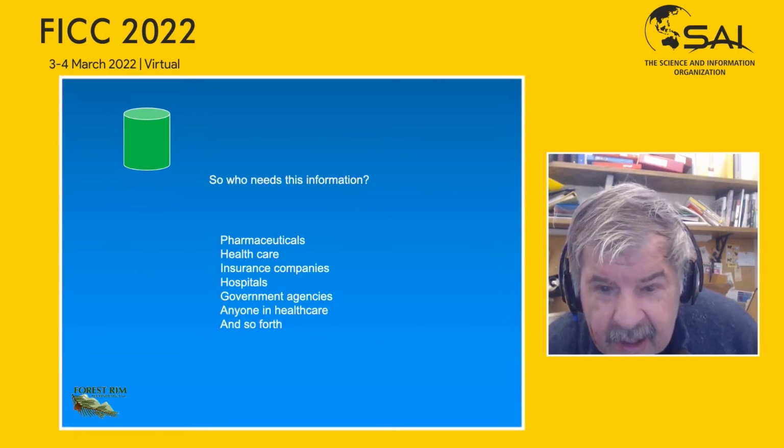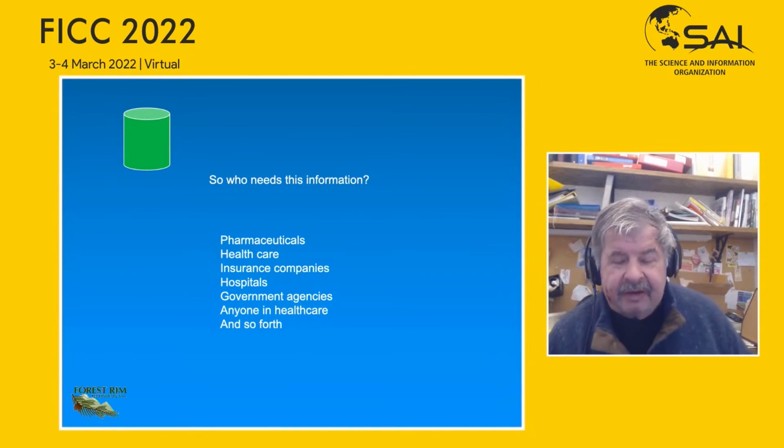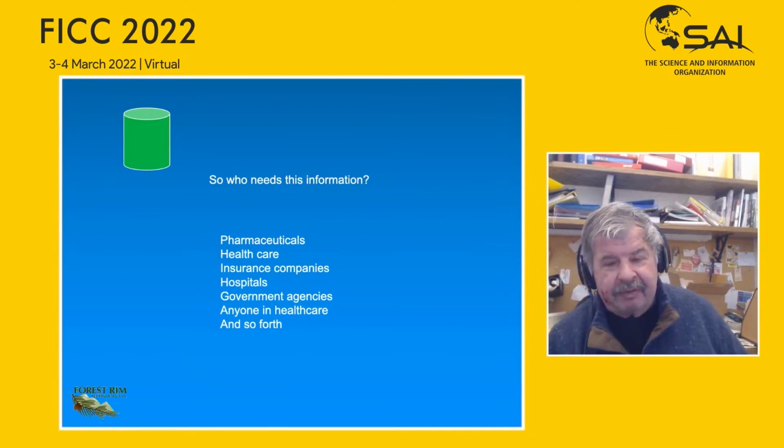So, who needs this kind of information? Well, let me tell you, folks, there are a lot of people that need this kind of information. Pharmaceuticals need it, healthcare research organizations need it, government agencies need it, doctors need it. You know, it's kind of interesting.